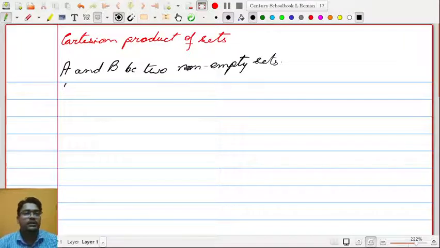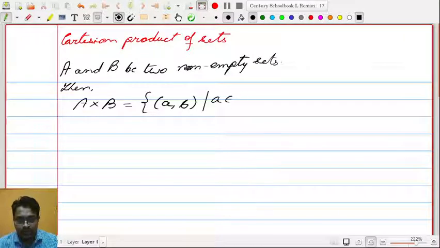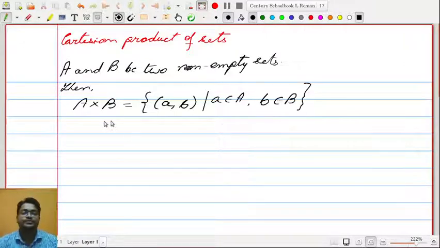Then the Cartesian product of A and B is denoted and defined as A cross B, equal to the set of all those ordered pairs where the first element is from the set A and the second element is from the set B. So this collection of ordered pairs is called the Cartesian product of A and B. If either A or B is empty, then the Cartesian product itself is empty.